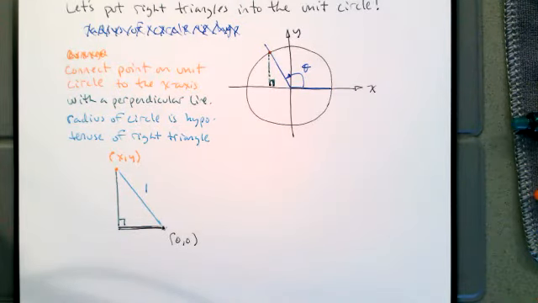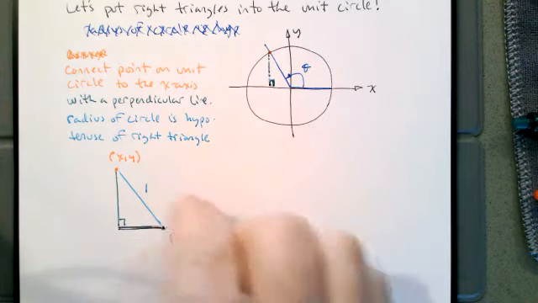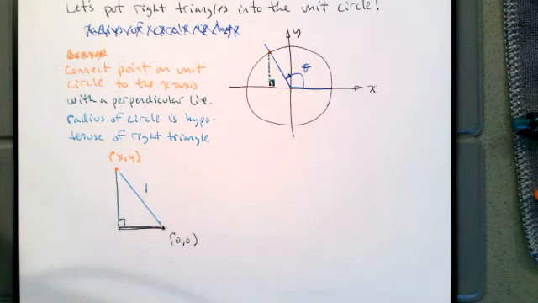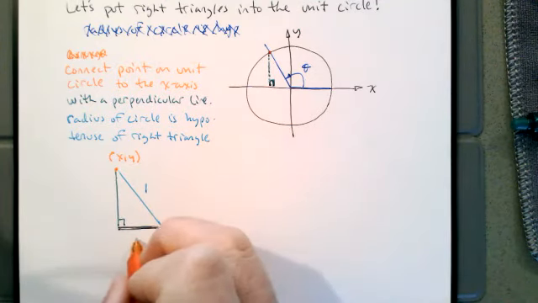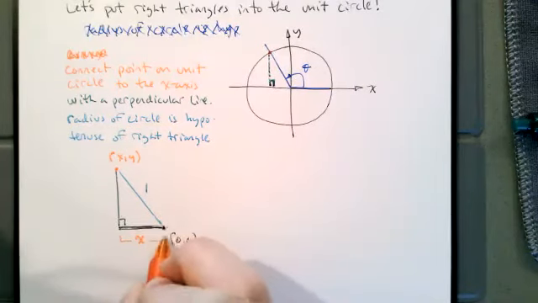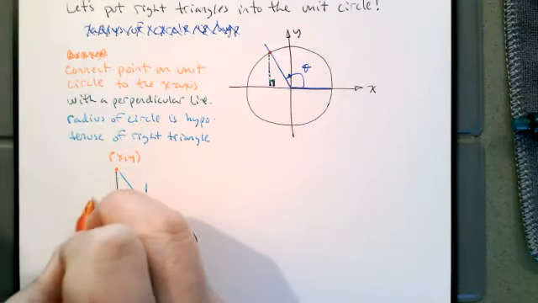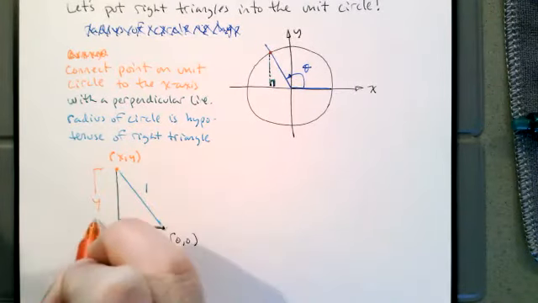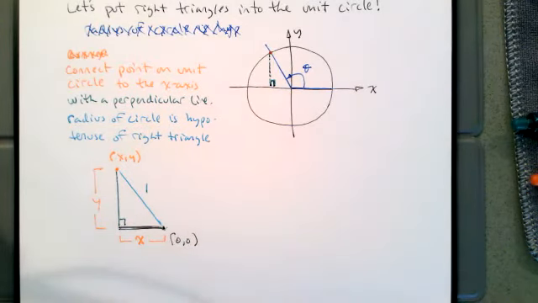So we know we have a relationship between x and y and the 1. Here's x down here. That's this length. And then this vertical length is y. So this is how we're going to get a right triangle from the unit circle.